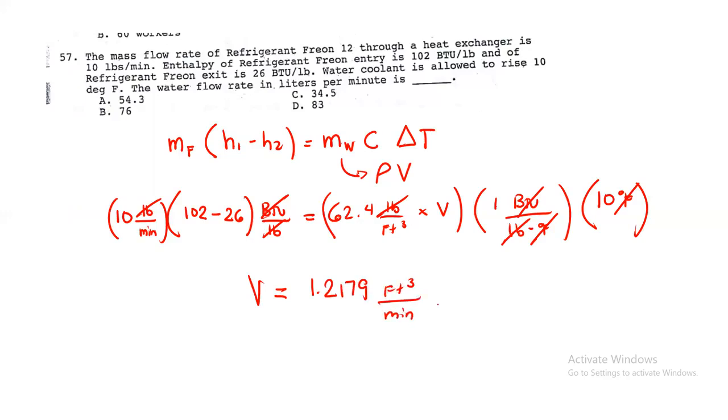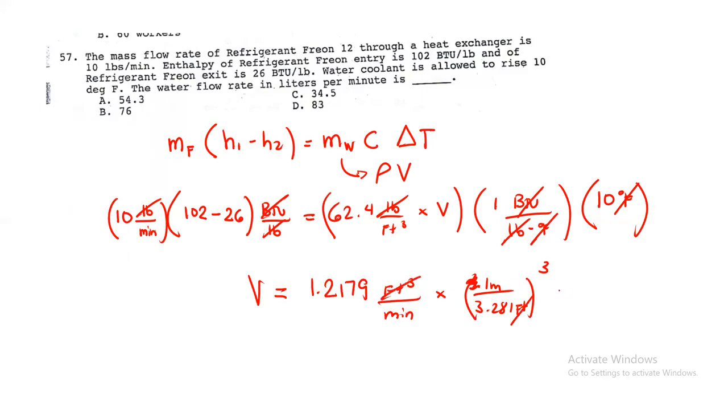Then i-convert natin into liters. So times, convert muna natin into meter cube or cubic meters. So times 1 meter per 3.281 feet raised to 3. So para maging cubic feet yan.